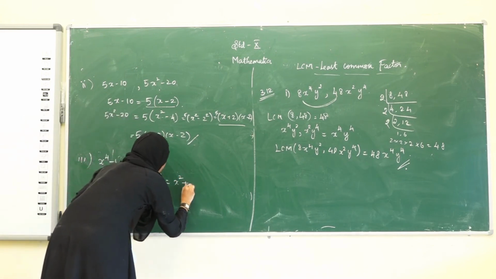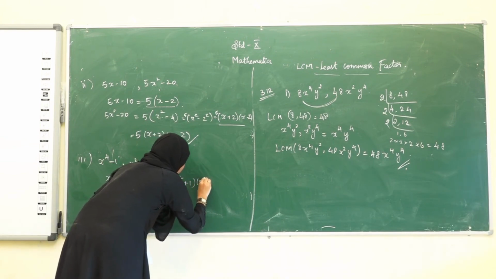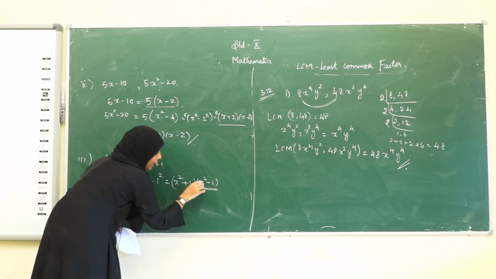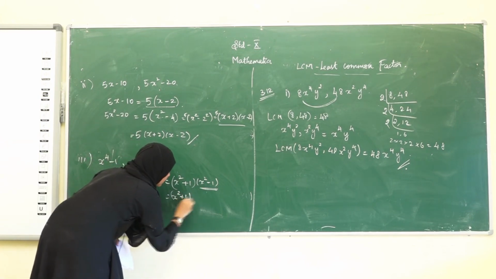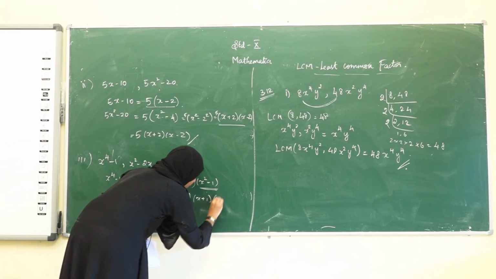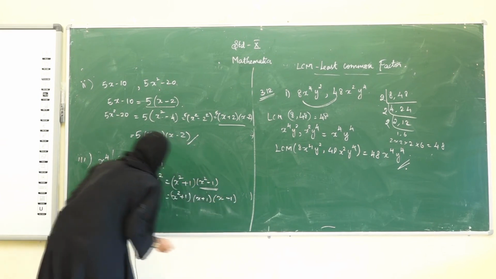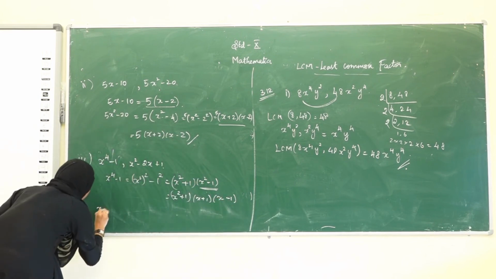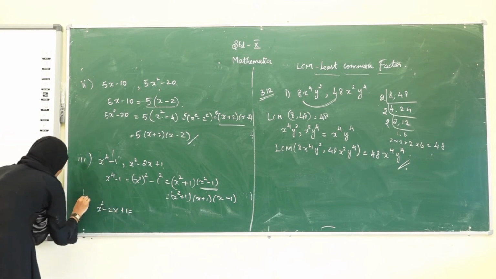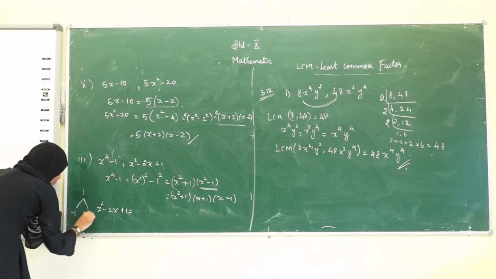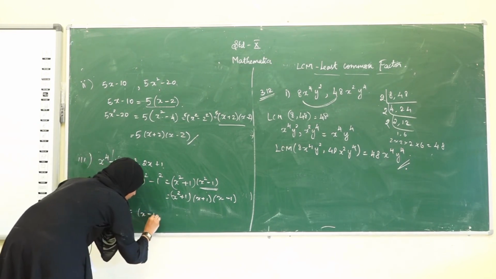So x square plus 1 and x square minus 1. Again, x square minus 1 can be written as x square minus 1 square, which is x plus 1 into x minus 1. Next, we consider x square minus 2x plus 1. That is x minus 1 the whole square.